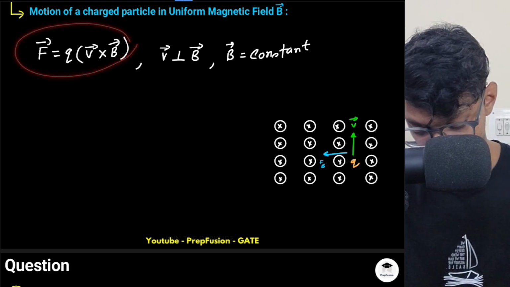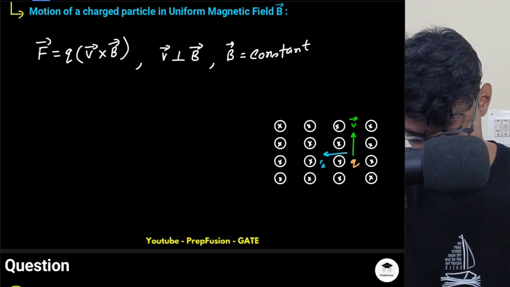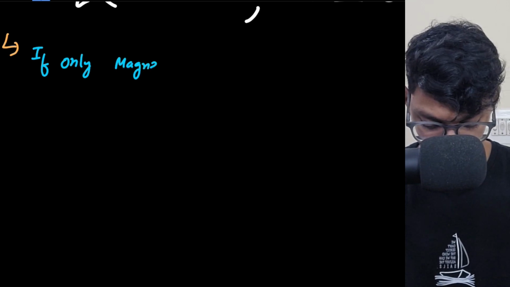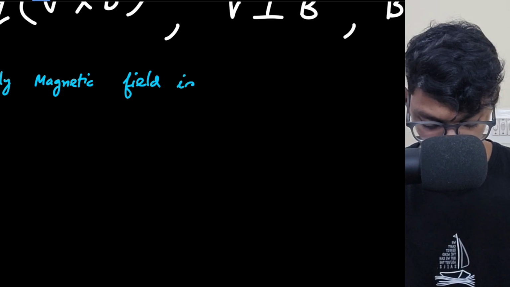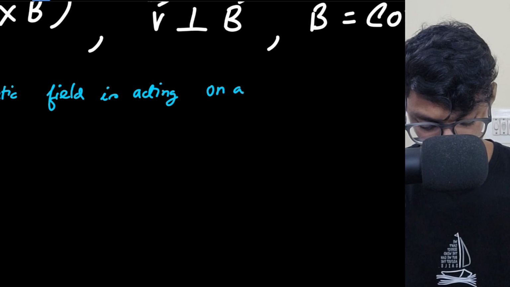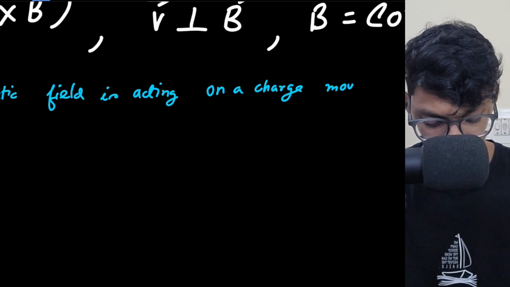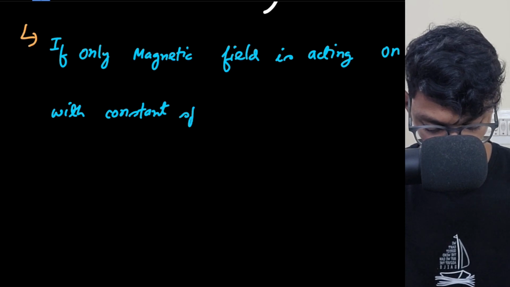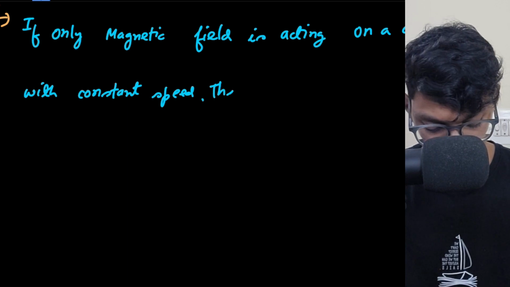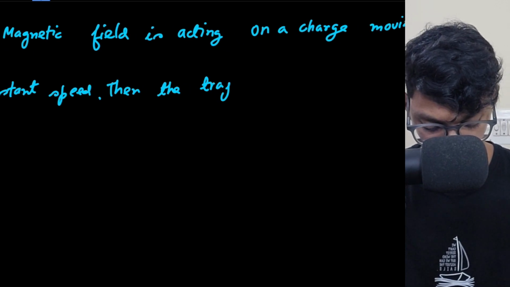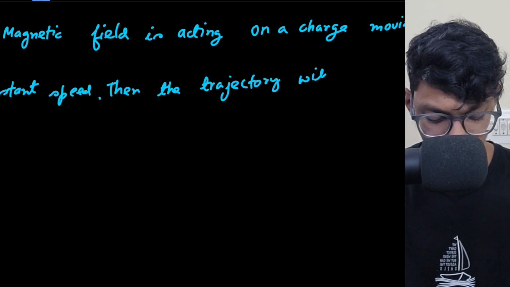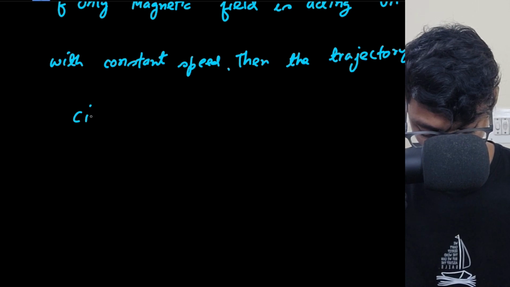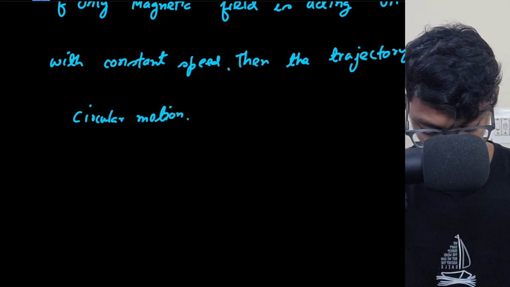So in isolation, if only a magnetic field is acting on a charge moving with constant speed, because the speed should not change, then the trajectory will be a circular motion.